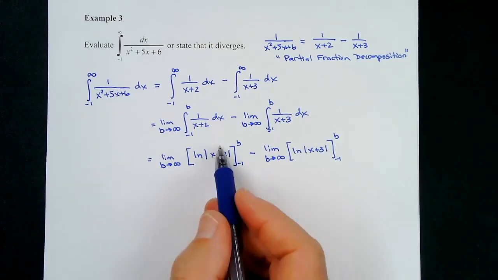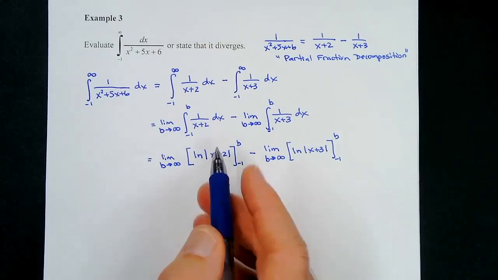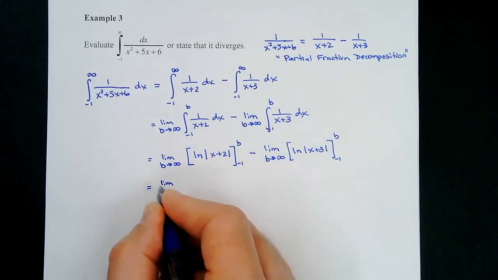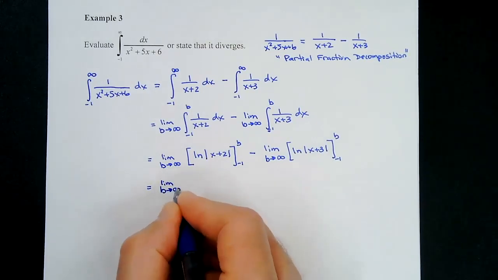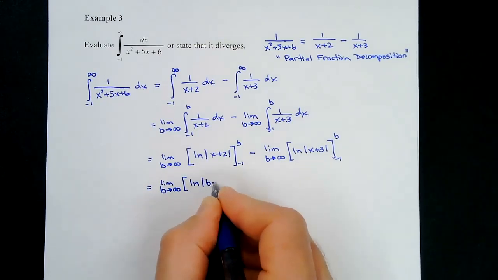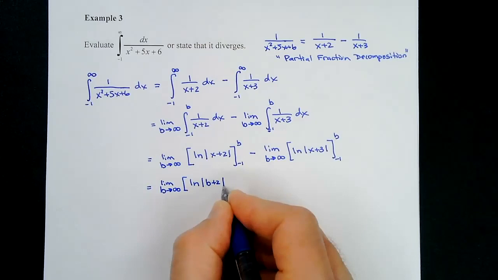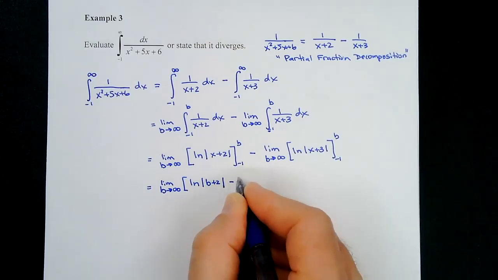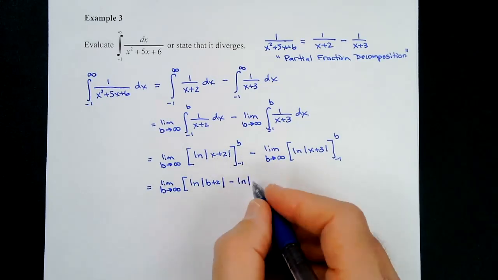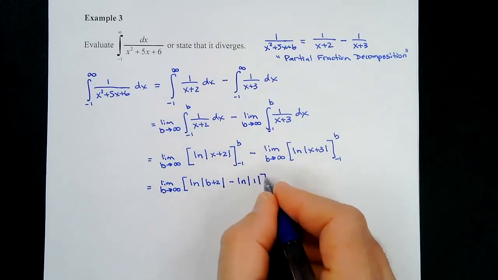Now we're going to put b in. That would be the limit as b approaches infinity of the natural log of the absolute value of b plus 2, minus the natural log of the absolute value of, if we put -1 in here, 1.